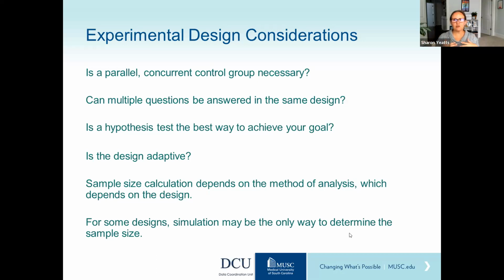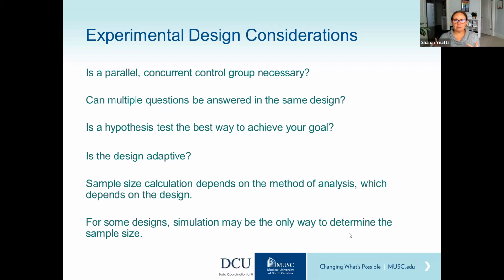You might consider whether multiple questions can be answered in the same design. This may not be sample size savings in a particular trial, but over the development cycle, it could have sample size saving implications. You want to think about whether a hypothesis test is really the best way to achieve your goal.